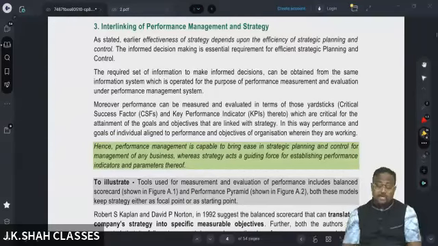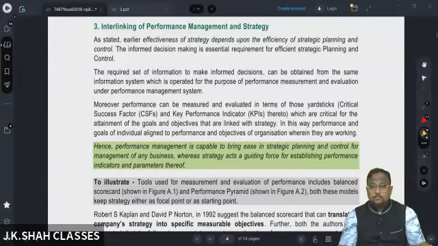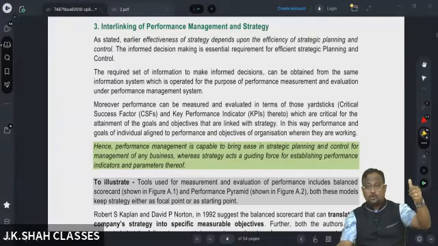Now, how do we interlink performance management and strategies? In performance management, you have information about the organizational structure, about responsibility centers and the responsibility related to each and every manager.